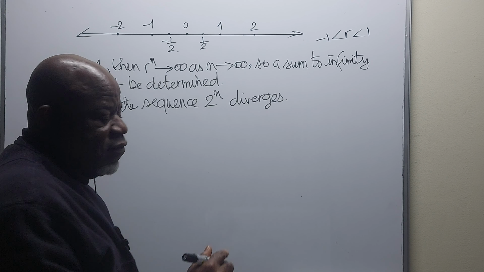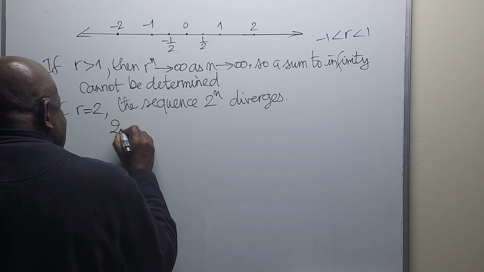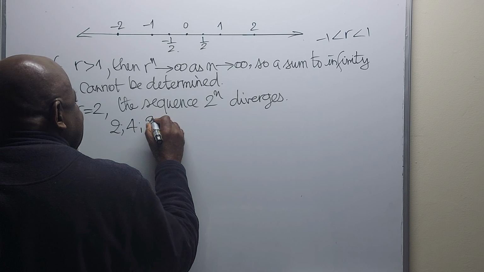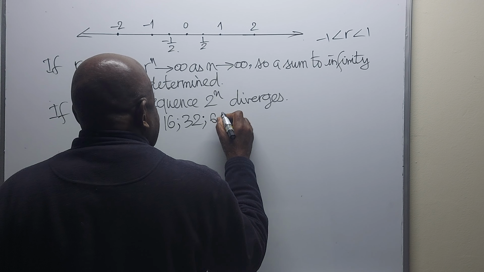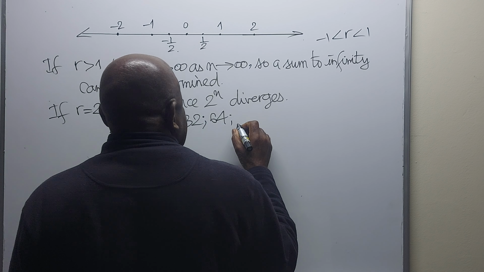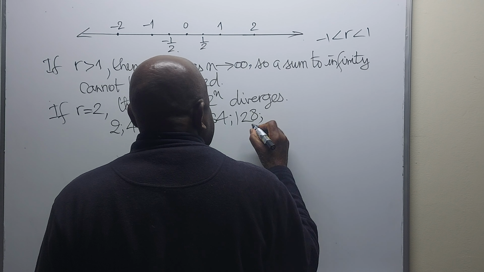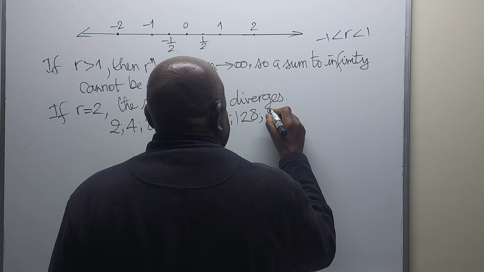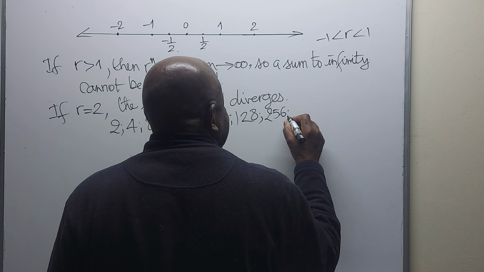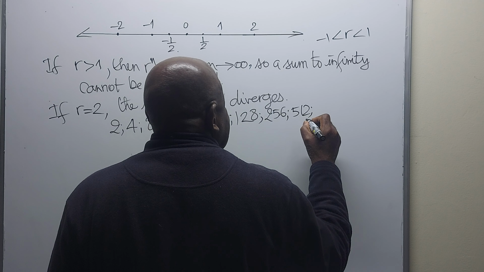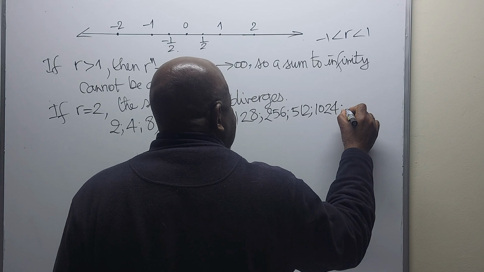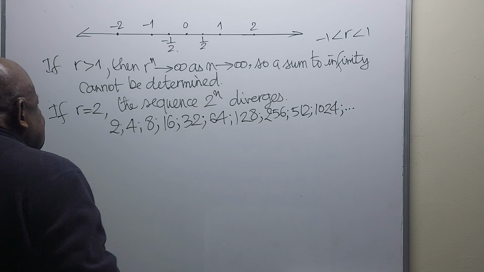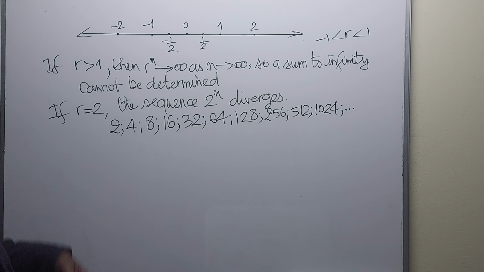So what are we going to have? We're going to have here 2, 4, 8, 16, 32, 64, times 2 is 128. The next one will be 256, 512, times 2, then we get 1024. Here is the case where r is equal to 2.